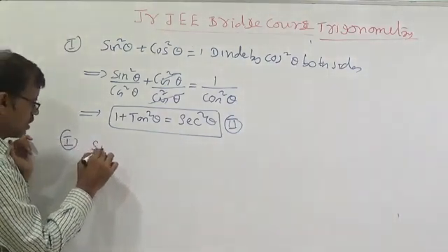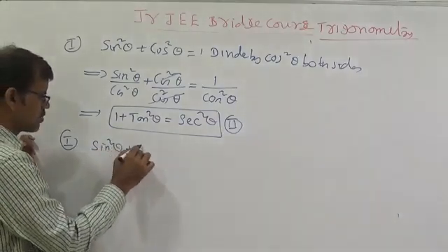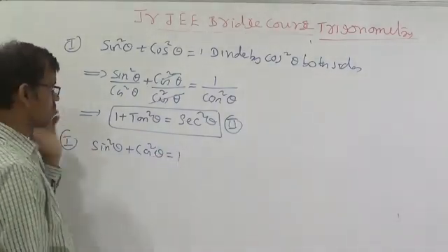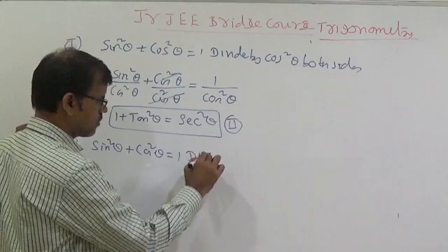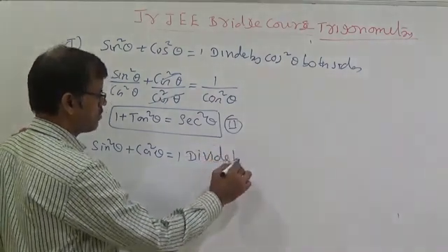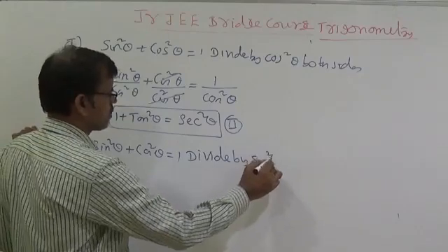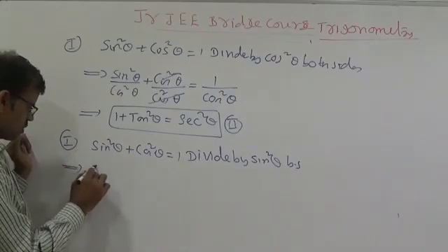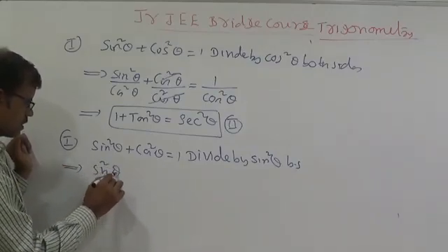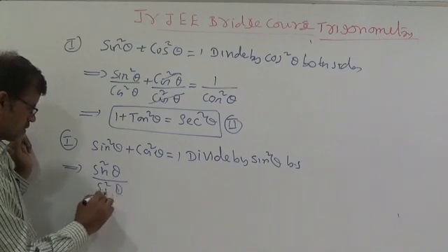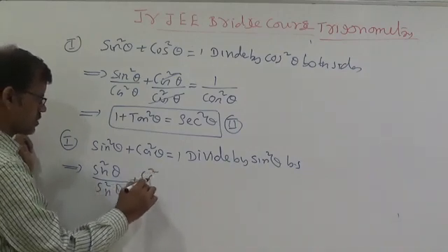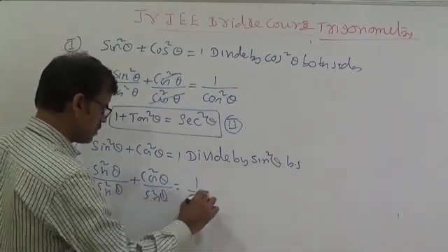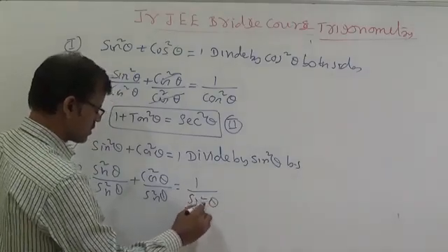Now the next formula. Using the first formula, sin square theta plus cos square theta is equal to 1, I am going to derive another formula by dividing by sin square theta on both sides. That implies sin square theta by sin square theta plus cos square theta by sin square theta is equal to 1 by sin square theta.